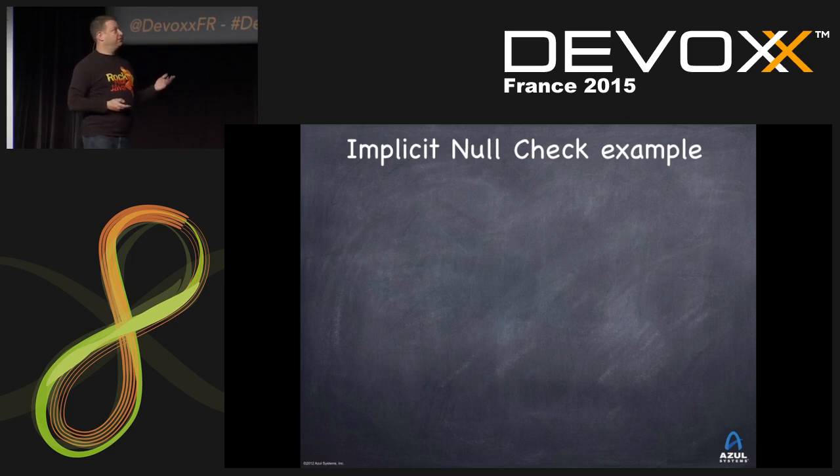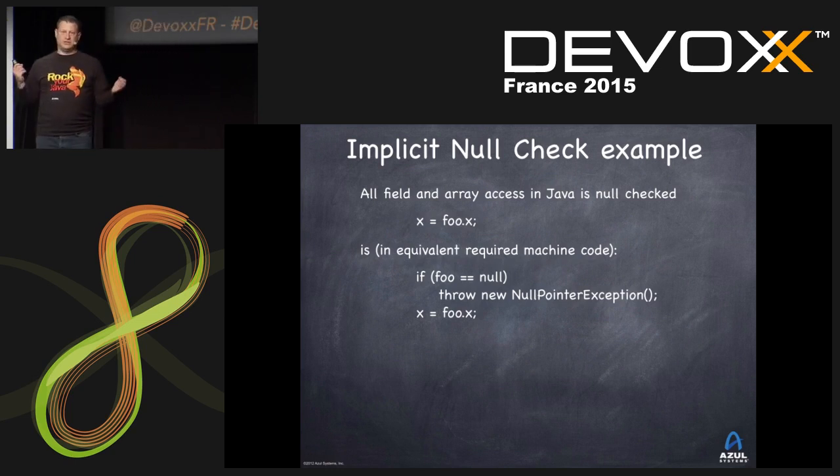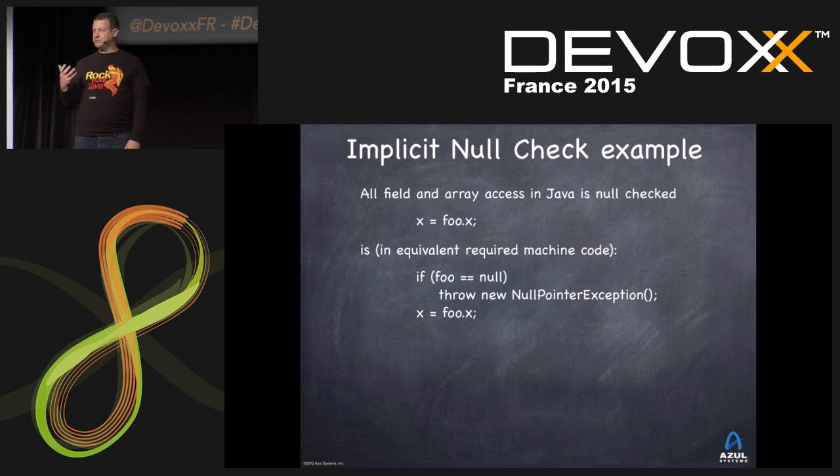Another very powerful and very common optimization is null check elimination. So semantically, Java has to check every reference access you make to see whether or not the reference itself is null. So when you actually write x equals foo x there, what the actual machine has to execute is: if x is null, then throw a null pointer exception.